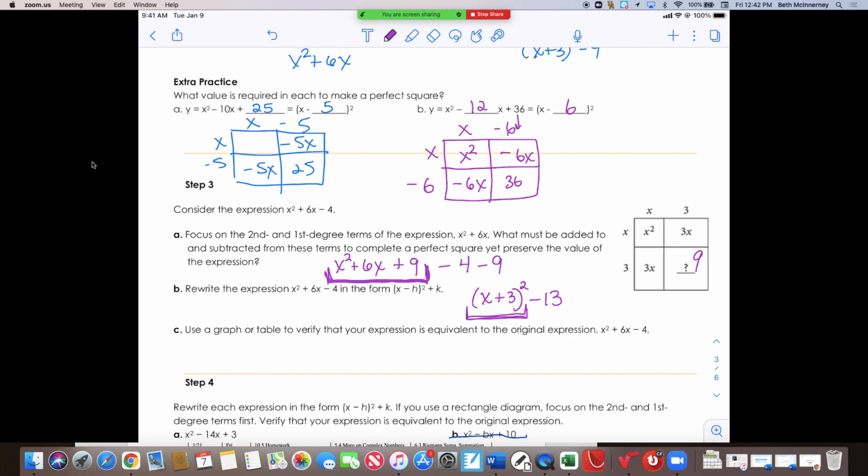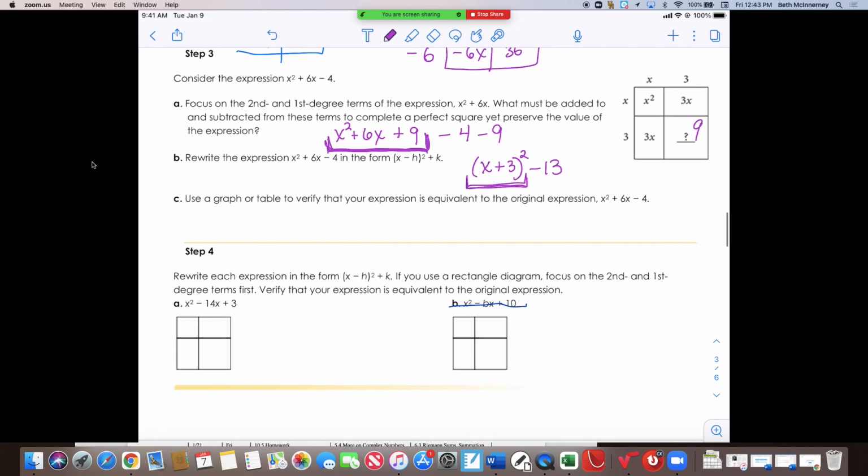Students have a misconception that this is x squared plus 3 squared, and that's false. Can we get that in our brains? You get that x plus 3 squared is x squared plus 6x plus 9. That's how it multiplies. I'm not going to verify it because I know it's true.